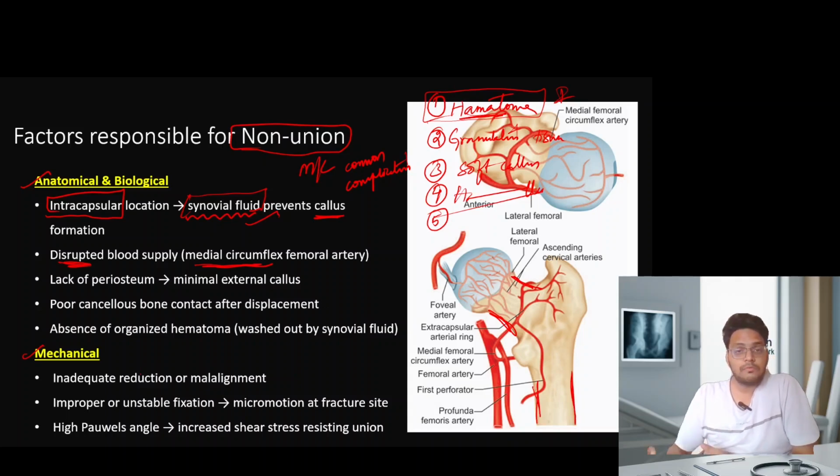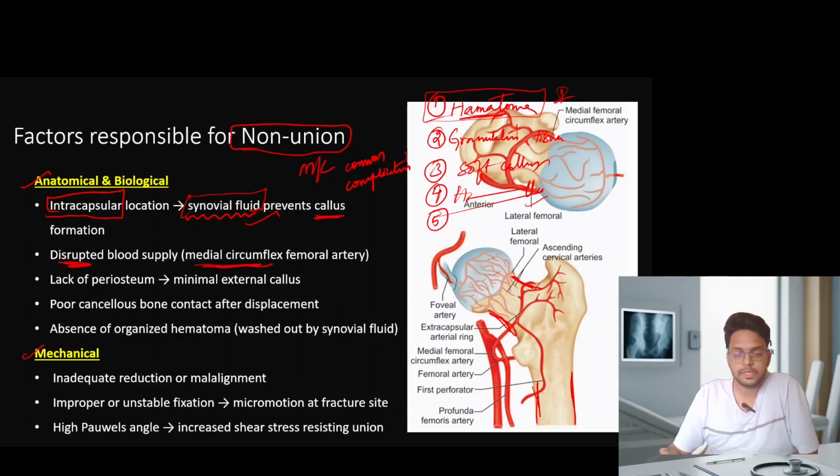Now, where do the osteogenic progenitor cells come from for the stage of soft callus or hard callus? For the soft callus or hard callus to form, it requires osteogenic progenitor cells. Those osteogenic progenitor cells come from the periosteal layer.